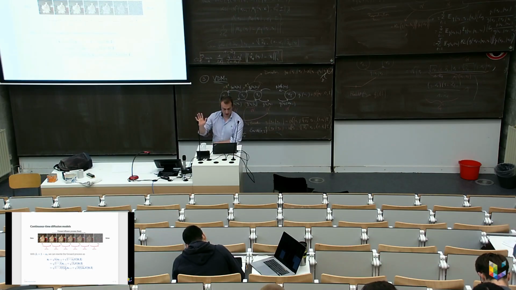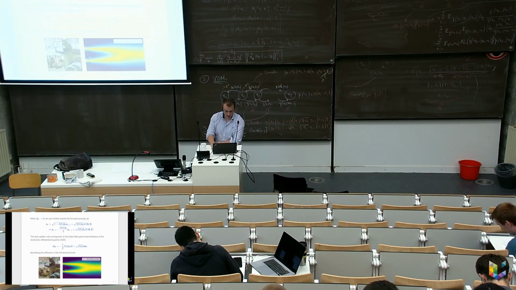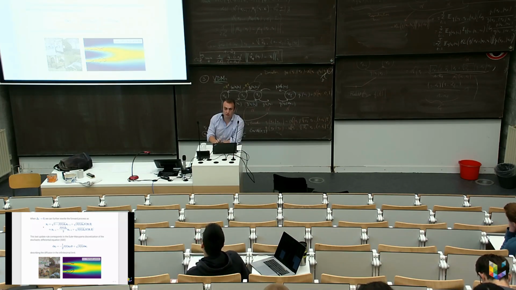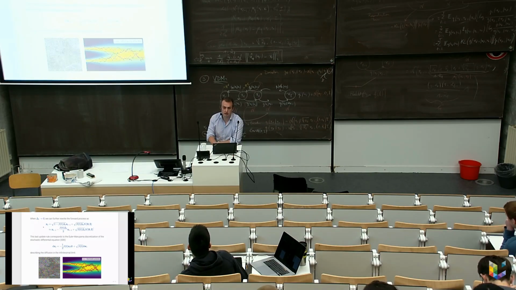There everything is still discrete, but if I say then that delta t goes to 0, so now I will be considering the limit of this discrete process, then we arrive to this, and then if you Taylor approximate the first term, you get this, and this term, this equation that goes from xt minus 1 to xt corresponds to the discretization, or specifically the Euler-Maruyama discretization of a stochastic differential equation.